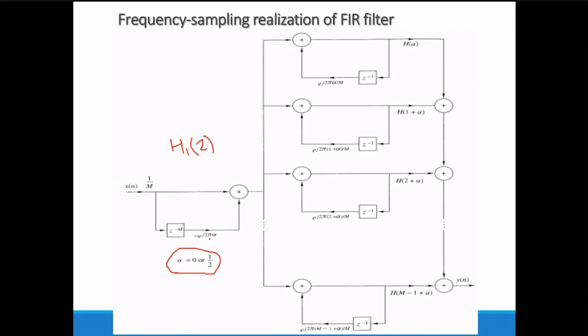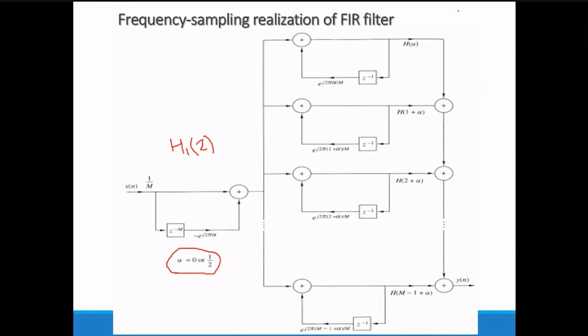Then e raised to 0 is 1, so only minus 1 is shown. Don't confuse this, because here we show the general case where alpha is 0 or 1 by 2 as per your Proakis textbook.